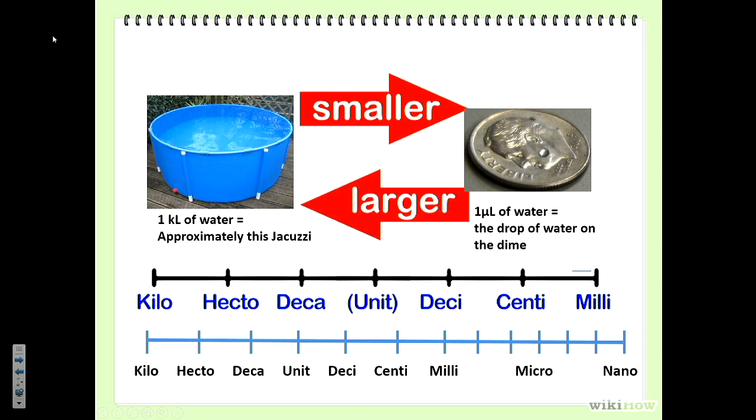So it's all about the direction that you're going, which is why remembering the prefixes is so important. If you look at the jacuzzi image, that's 1 kiloliter of water, and the small tiny dot on the dime is actually 1 microliter. So it shows you the huge difference in size that's part of this system.